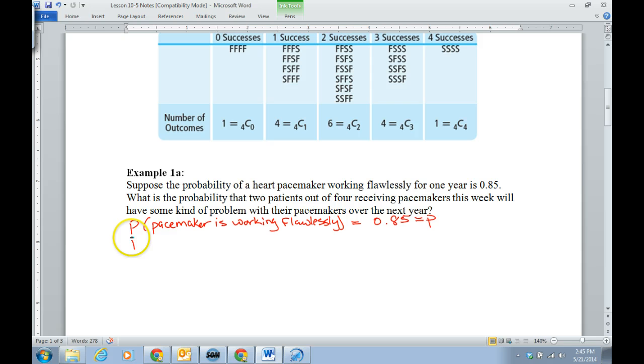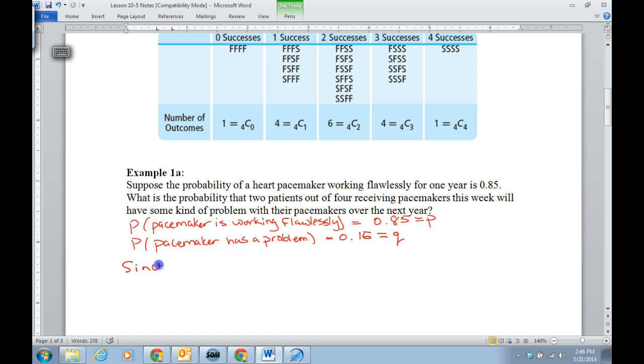Now I want to look at the probability that there's a problem. Okay? So what would that be? 0.15, you just take 1 minus the success rate, right? So it'll be 0.15. And we're going to call that little q. Right? Okay.